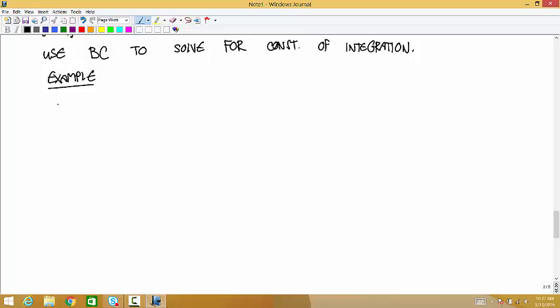Okay, so let's say first we have the differential equation y dot is equal to y t squared, where y of 0 is equal to 10. Okay, so let's go through and find these 4 things that define this differential equation.